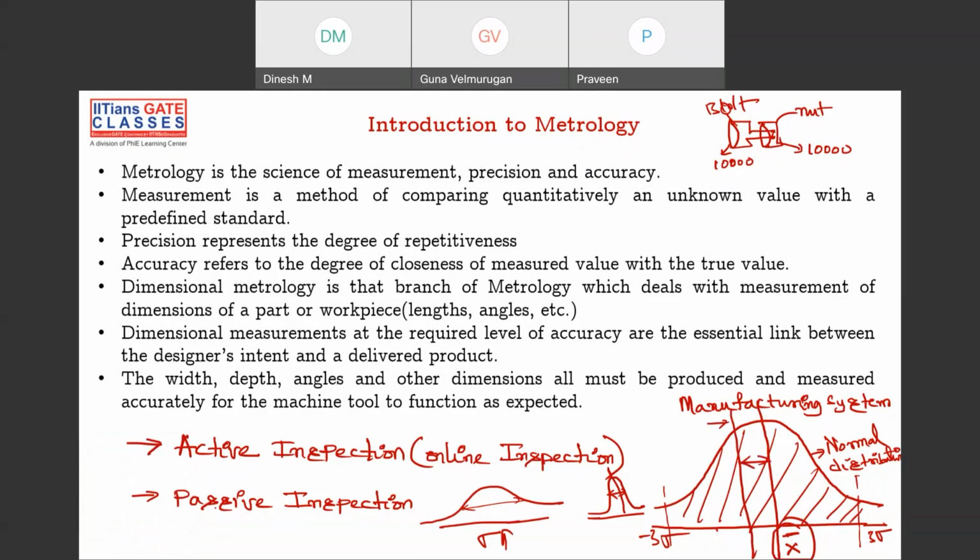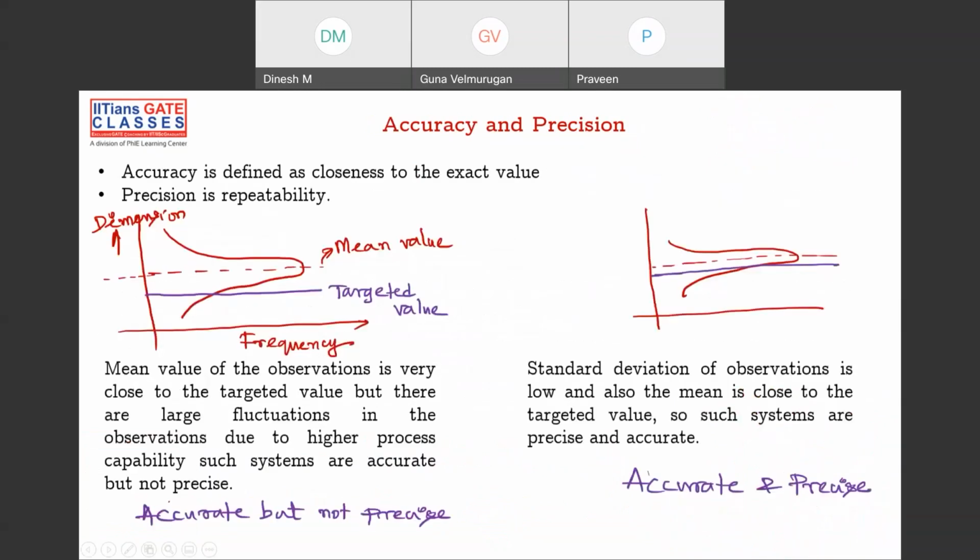To explain this concept, we'll use this same graph, just rotated by 90 degrees. This is also a normal distribution. Please try to understand that. Now, I already told you that the mean value is nothing but your true value.